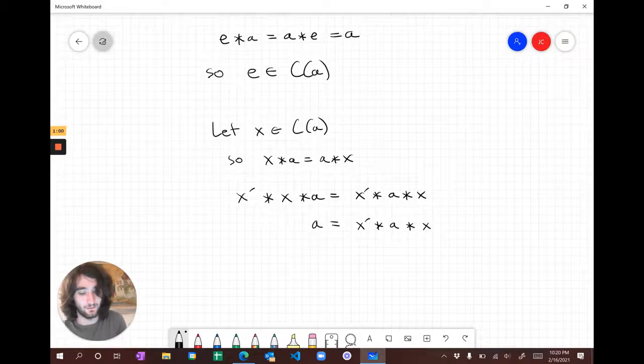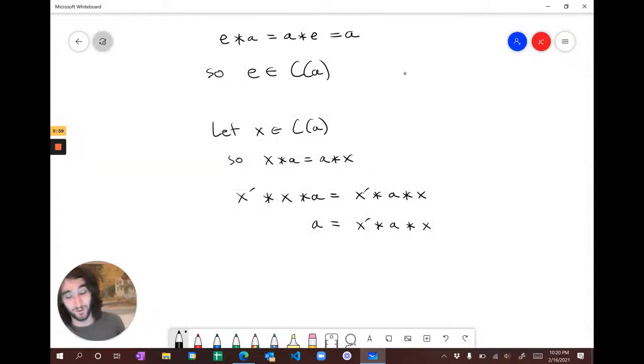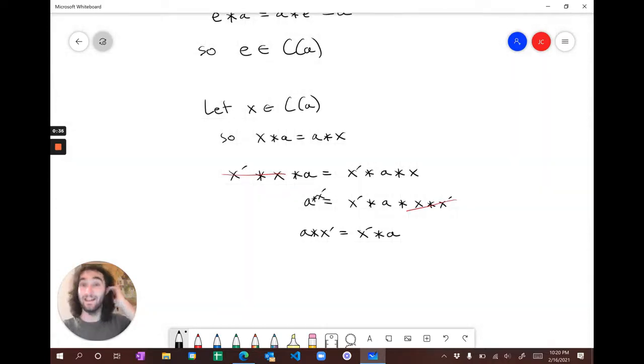Like that. Well, not much nicer actually, but we're a little bit closer because we've got an X prime now instead of an X. And then we'll do the same thing for the other one. We'll just multiply by X inverse on the right. That way it cancels out over here, just like it canceled out over there. And so we get X star X prime equals X prime star A. And hey, that's exactly what it means for X prime to be in the centralizer.